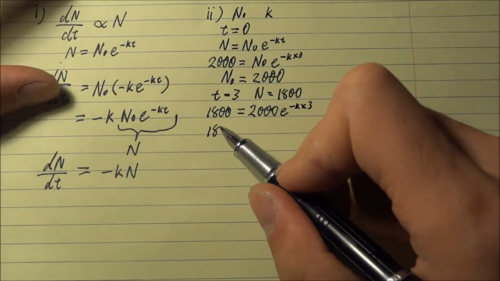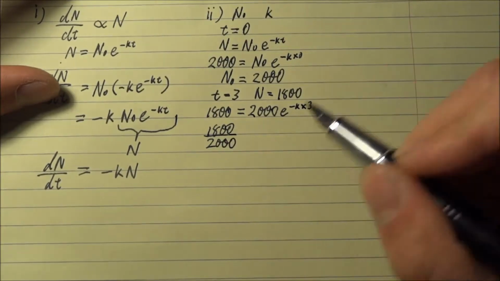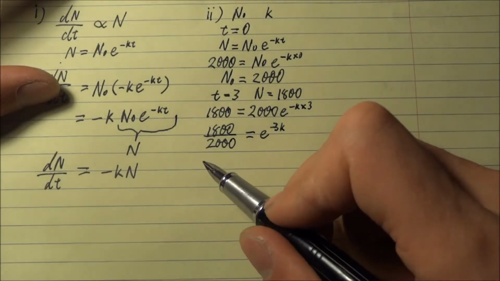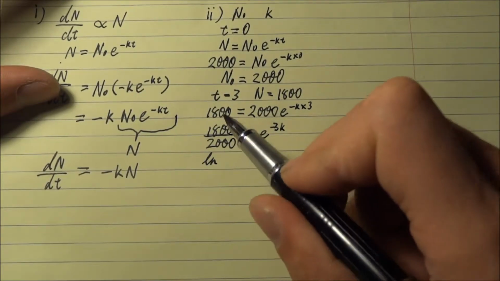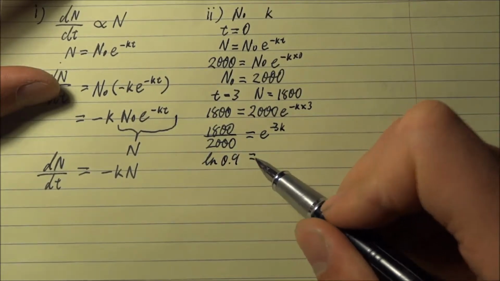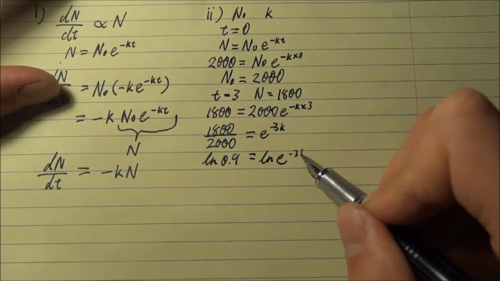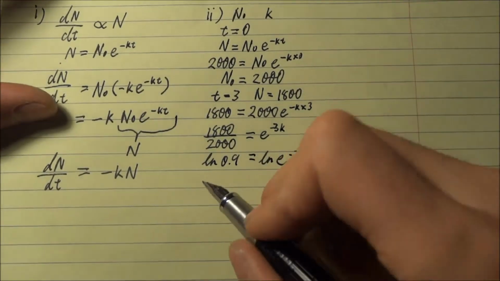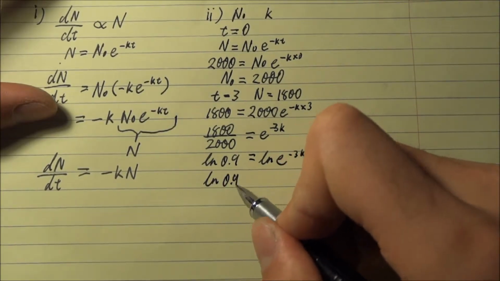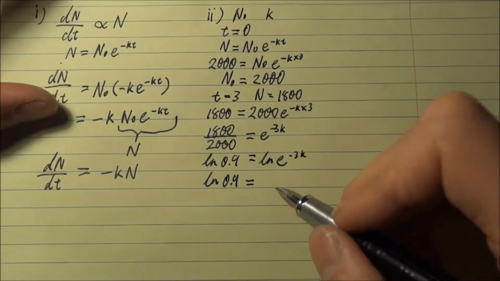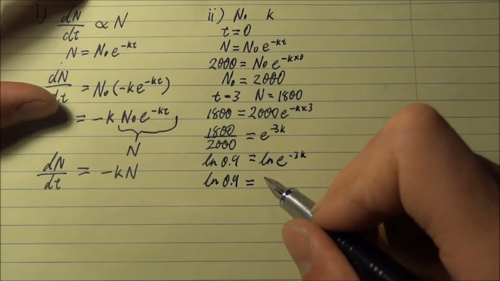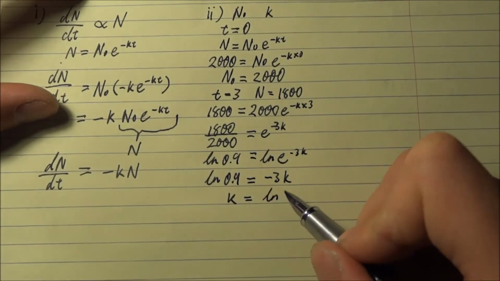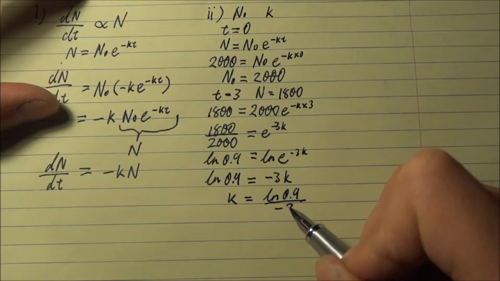And we just rearrange it and solve it algebraically. 0.9 equals e to the power of minus 3k, and we take a log of both sides. So log 0.9 equals log e to the power of minus 3k. Since log e cancels itself out, we have log 0.9 equals minus 3k, and k equals log 0.9 over minus 3.